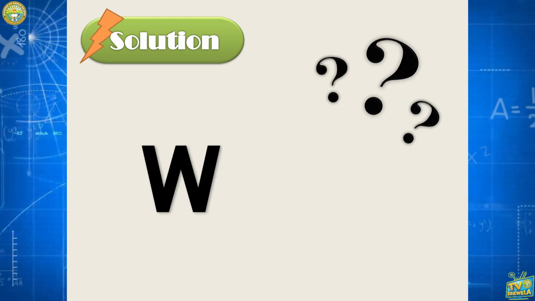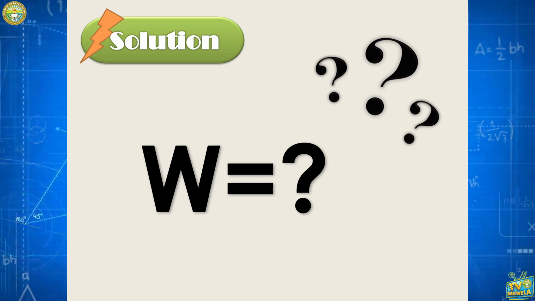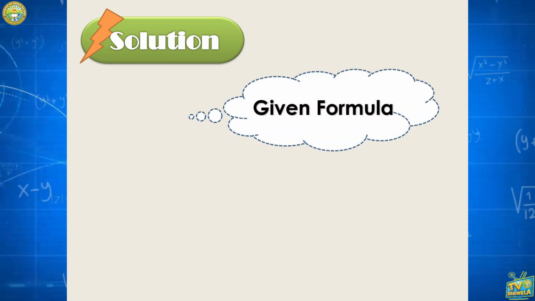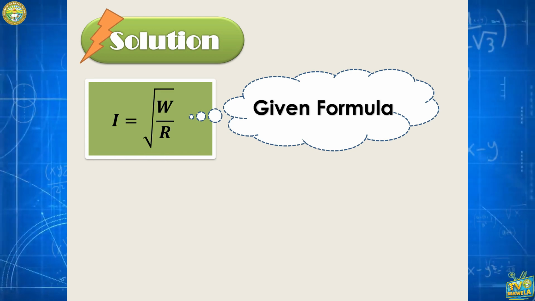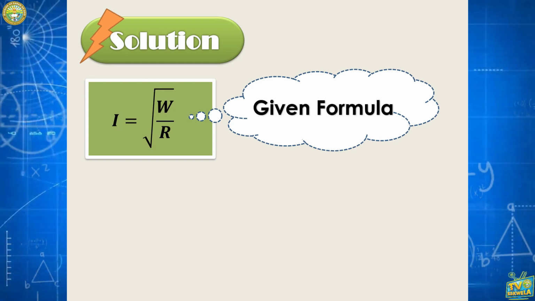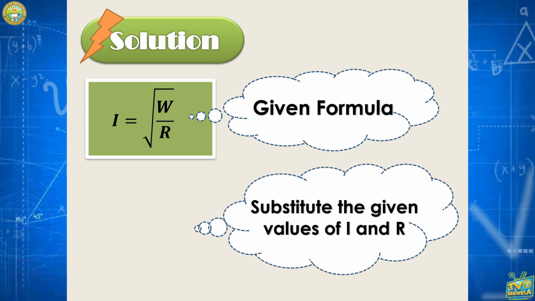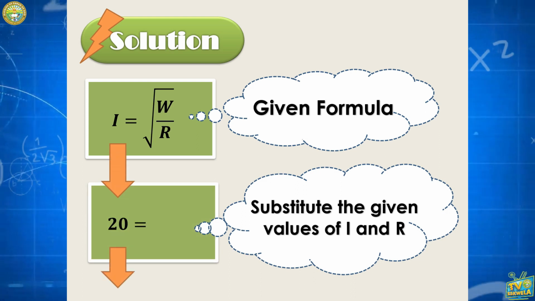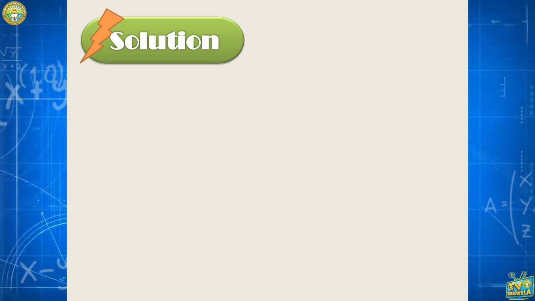What we are trying to solve is the amount of power in watts, or W. The given formula is I equals square root of W over R. We will now substitute the given values of I and R. So, 20 equals square root of W over 12.